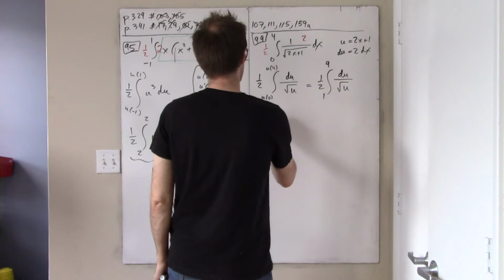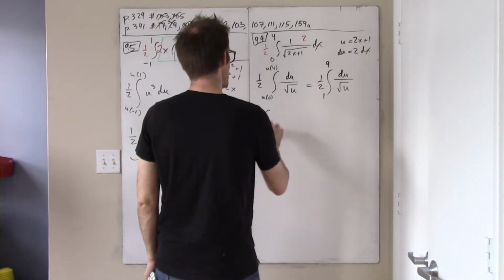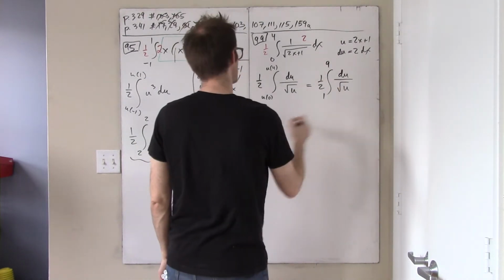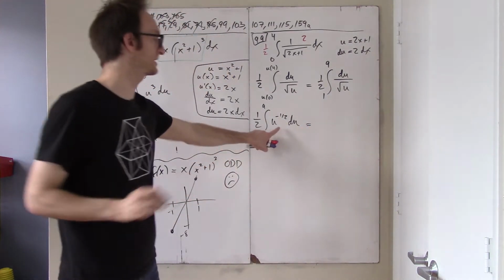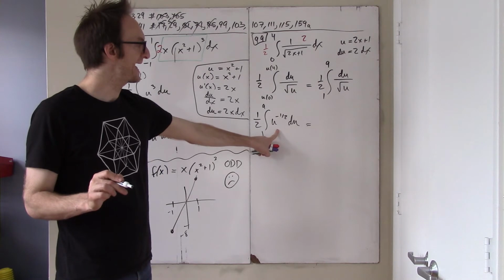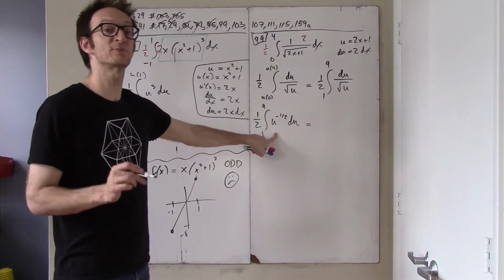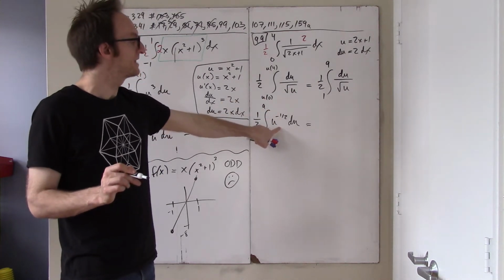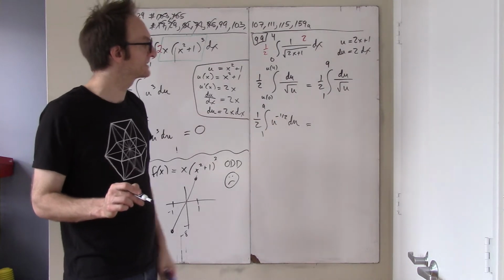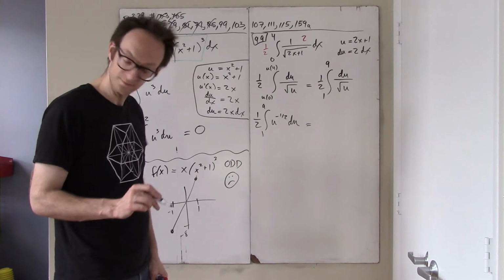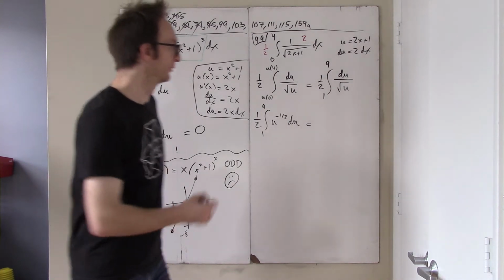Okay, so just continuing on with the problem, I will rewrite du over root u as u to the negative 1/2, because now it's in a form that makes it easier to antidifferentiate. And, well, now I just apply the FTC. FTC says that the antiderivative of u to the negative 1/2 is just 2 root u.